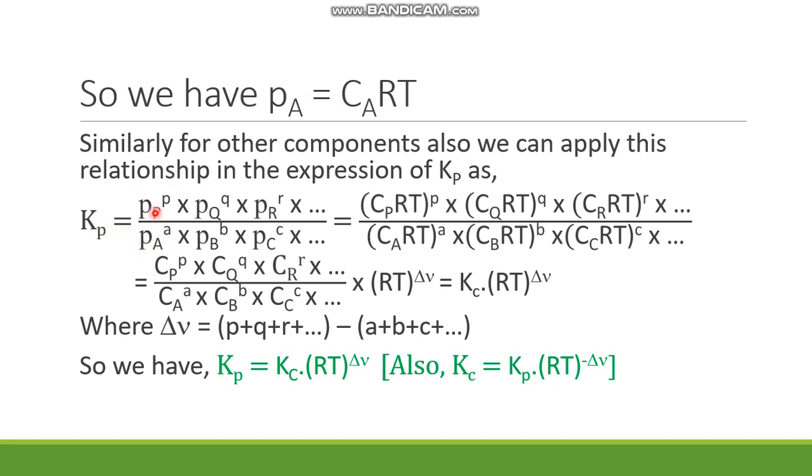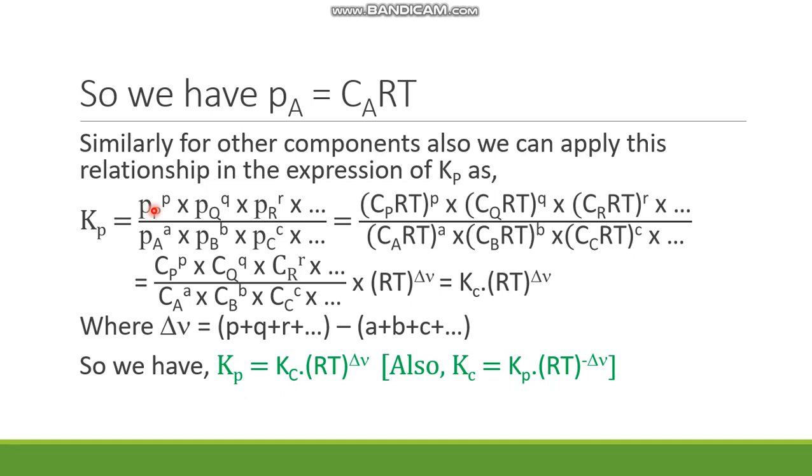This is the expression of Kp: partial pressure of P to the power number of moles of P, partial pressure of Q to the power number of moles of Q, partial pressure of R to the power number of moles of R, and so on. That means all the products. And in the denominator, partial pressure of A to the power number of moles of A, partial pressure of B to the power number of moles of B, partial pressure of C to the power number of moles of C, and so on.